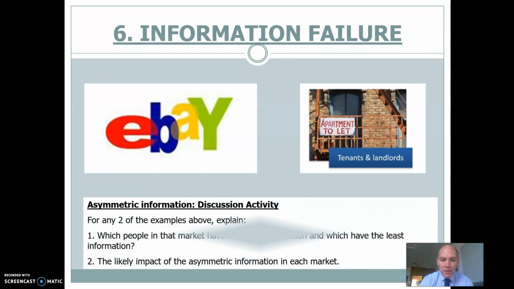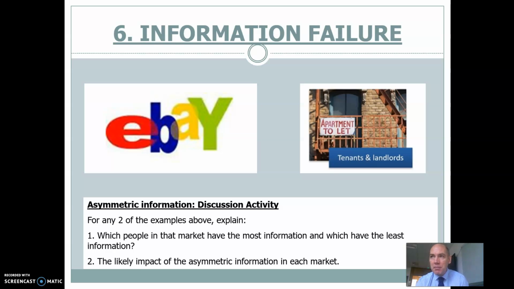What I would like you to do, in your notes you have a table, and I want you to complete this. So for eBay and then for tenants and landlords, which people in the market have most information, the buyer or the seller? And what is the likely impact of the asymmetric information in the market?